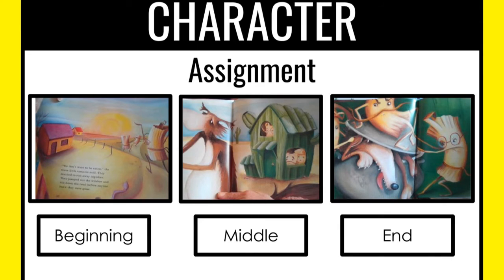Visualize what her face looks like. Then think about what caused her feelings to change. Type that in the space labeled end. Finally, be sure to tell everyone what you know the third little tamale learned.